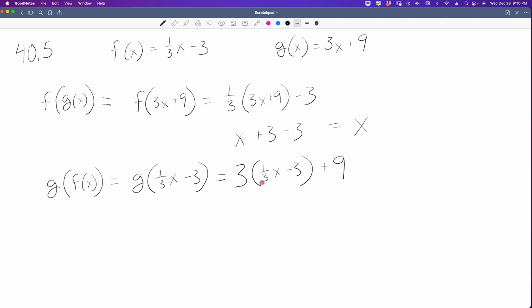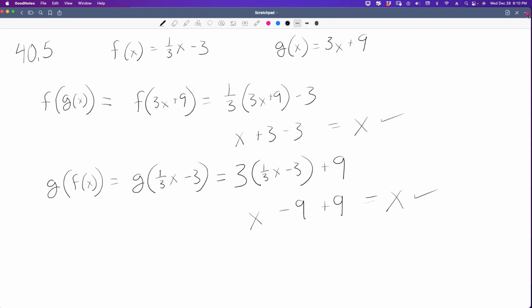So when we do the calculation, we get 3x over 3, so that would be 1x, so just x. And 3 times negative 3 is negative 9, plus 9, these two cancel, so the result is x. So these are inverse functions to each other because we ended up with the same answer for both. So yes, f and g are inverse functions.